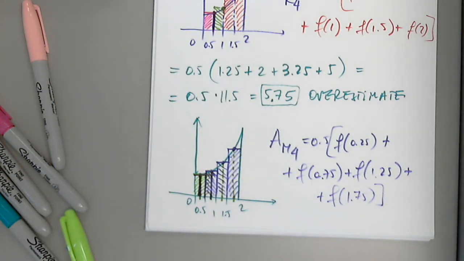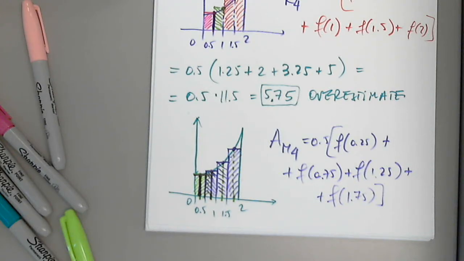I'm only changing from the first scenario to the second scenario to the third scenario. I'm only changing the height. The rectangle stays the same. I can approximate this rectangle using this height, leftmost point, rightmost point, or midpoint. And they all have to stop on the function.